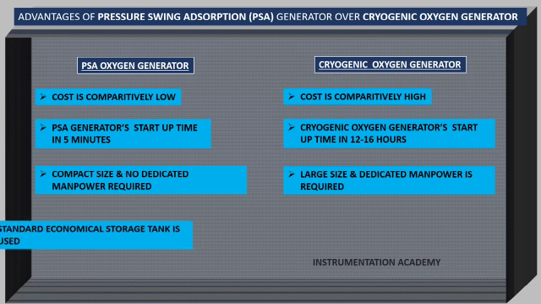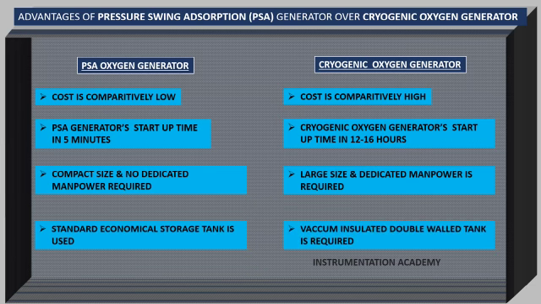PSA oxygen gas can be stored in a standard economical tank, whereas cryogenic oxygen is to be stored in a vacuum insulated double-walled tank. The cost of this storage tank is therefore high. Considering all these advantages, we can say that PSA oxygen generators are best suited for medical oxygen generation in hospitals.